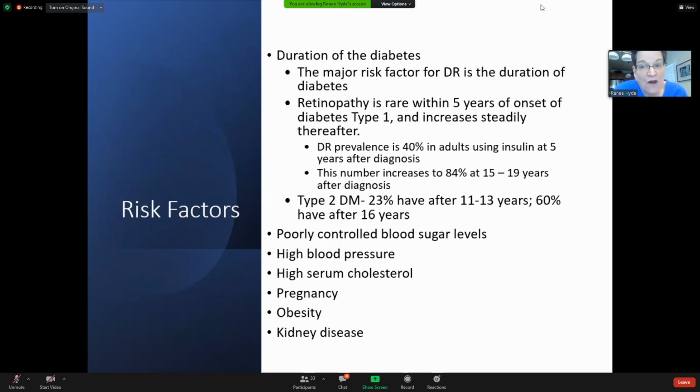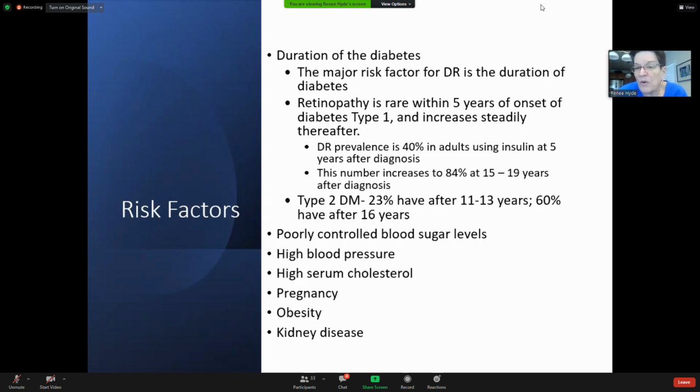Of course, the better the control, the less the risk, unless you get up into the category where you've had it for 15, 20, 30 years. Again, that duration is one of the major risk factors. Others are going to be high blood pressure, high serum cholesterol, obesity, kidney disease.